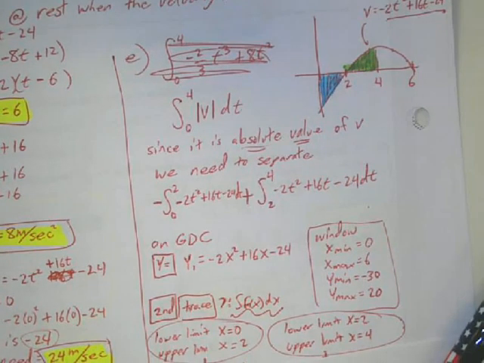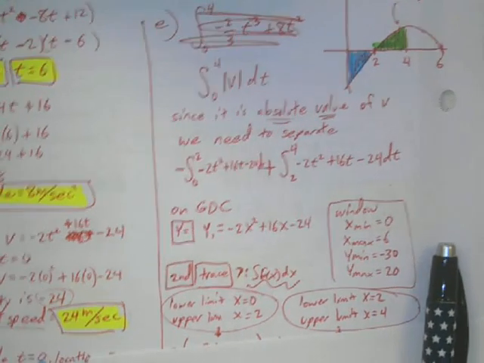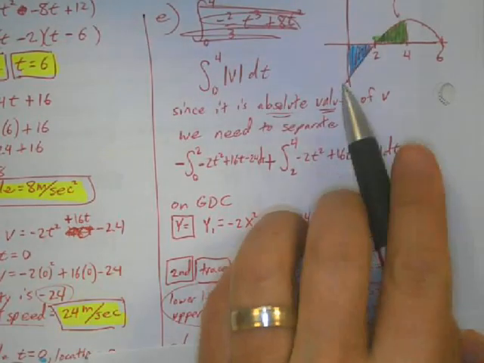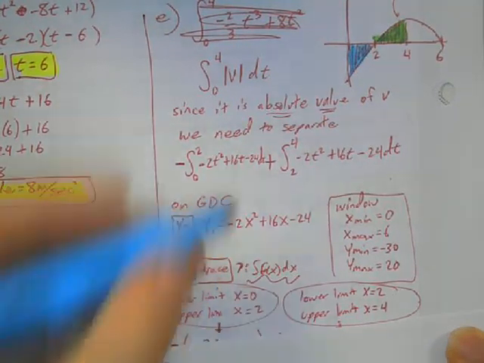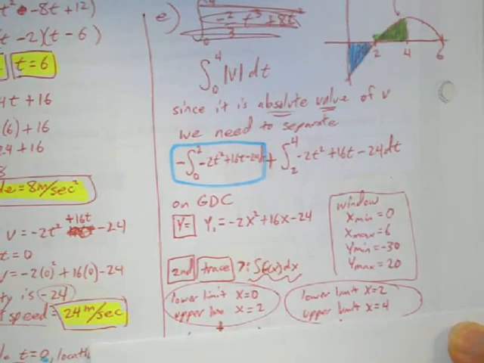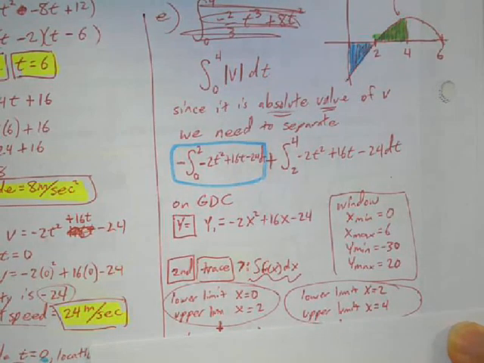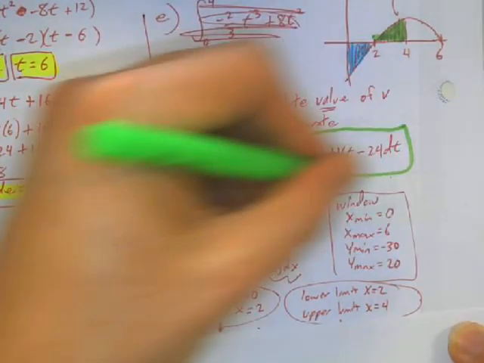It's going to subtract them. So what you have to do is the antiderivative from 0 to 2 first, which is what I did here. And then you do the antiderivative from 2 to 4 next. And that's what I did there.